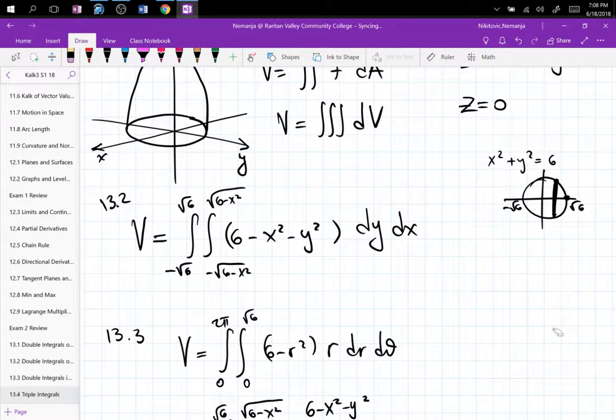But I need to calculate the accumulation of the temperature, accumulation of energy, accumulation of blah, blah, blah, something that extends into the fourth dimension on the 3D object. And that is what the triple integration is necessary for.